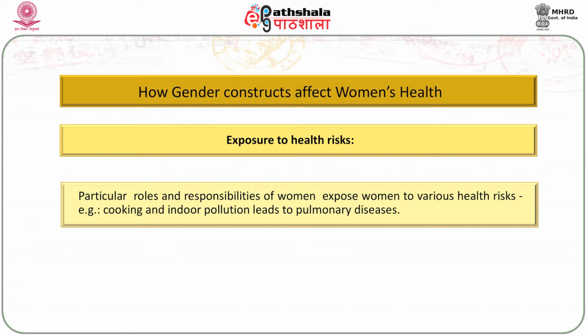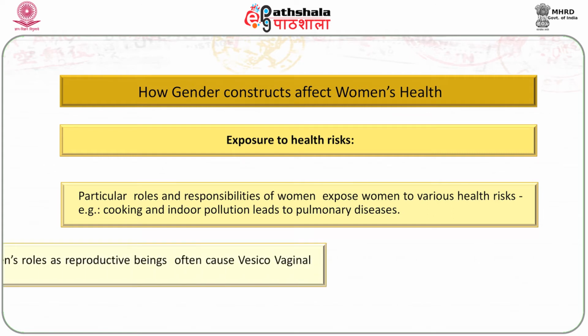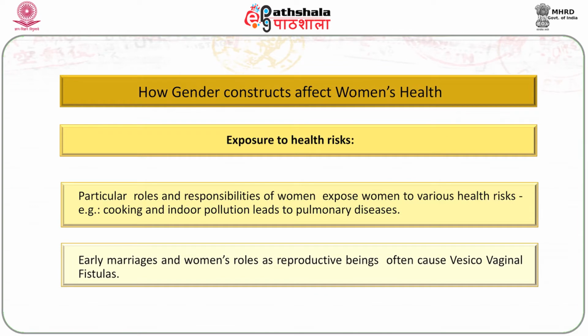So, cooking and indoor pollution leads to pulmonary diseases. Then early marriages and women's role as reproductive beings, of becoming mothers, of nurturing, often cause vesico-vaginal fistulas. These are typical feminine problems.